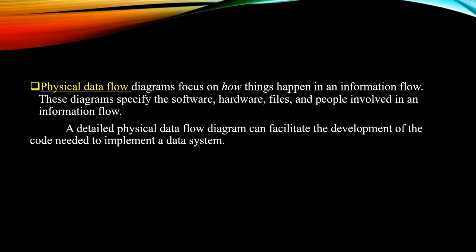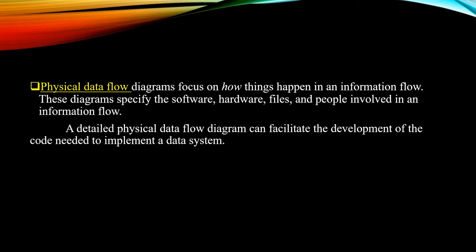Now, physical data flow diagrams focus on how things happen in an information flow. These diagrams specify the software, hardware, files, and people involved in the information flow. A detailed physical data flow diagram can facilitate the development of the code needed to implement a data system.